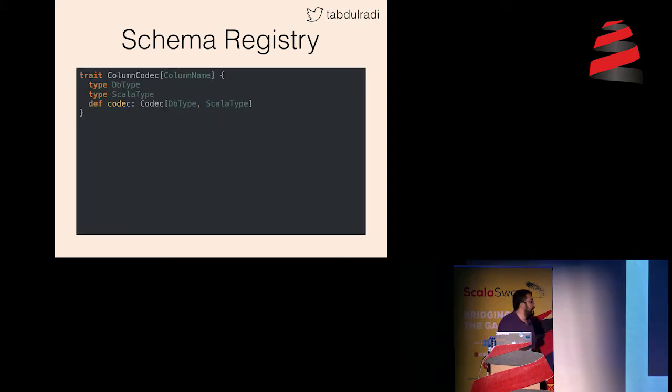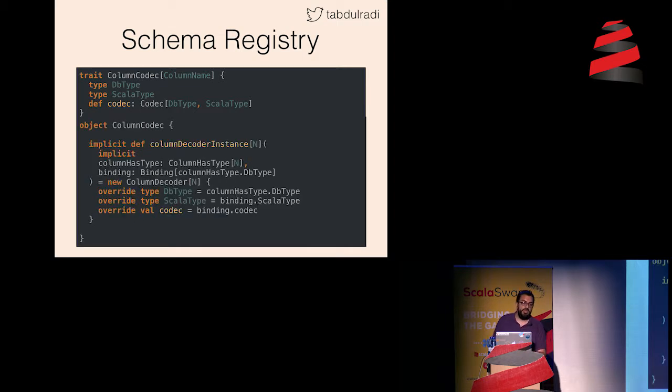So to compose two type classes, you define another type class. Call it ColumnCodec. The input is column name, and whatever the compiler is going to figure out for us is the codec and all the types we need. Let's define the instance for that, or the recipe for the instance for that. So we're going to tell the compiler for any column name, let's call it n.